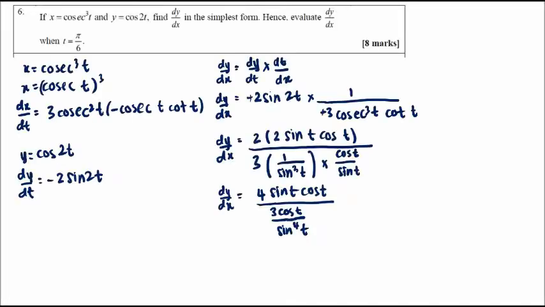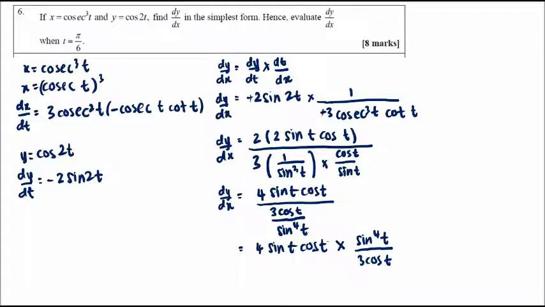Now we want to simplify further. This one we have our fraction again, so what we can do next is change this to multiplication: 4 sine t cos t, multiplied by sine to the power of 4t, divided by 3 cos t. If you are not sure, redo the A over B over C step.